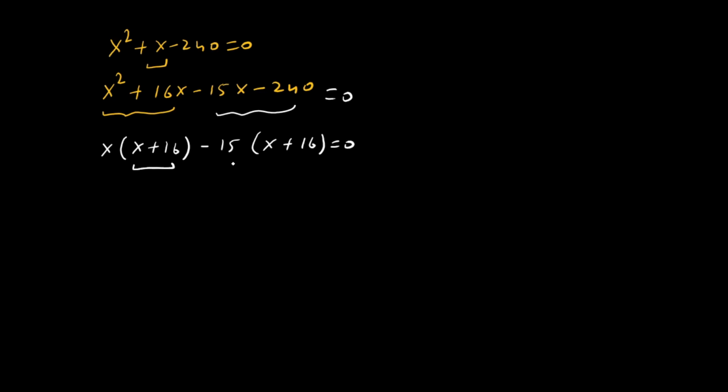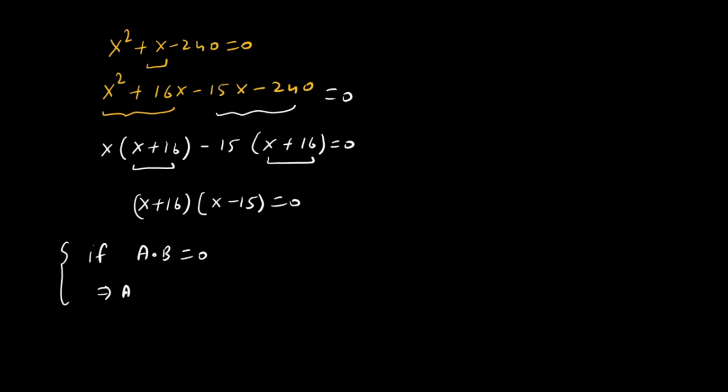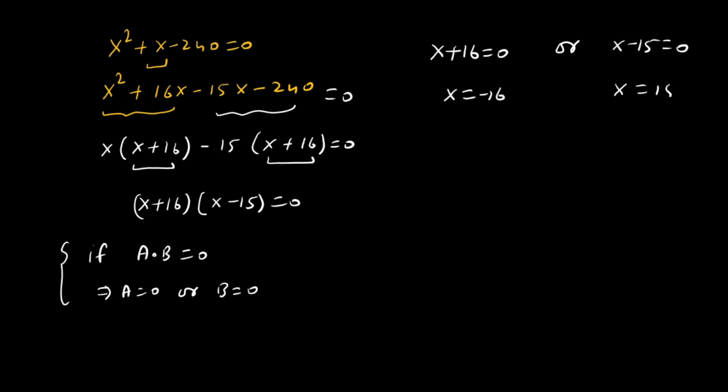Now x plus 16 is common, so (x plus 16)(x minus 15) = 0. We know that if a times b equals 0, then a equals 0 or b equals 0. By this rule, x plus 16 = 0 or x minus 15 = 0. Then the value of x is negative 16, or the value of x is 15.